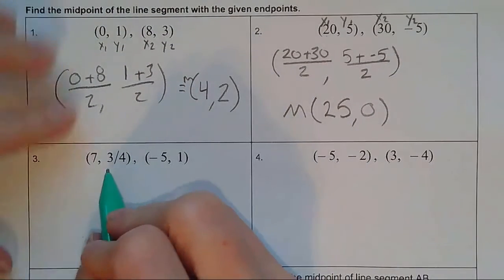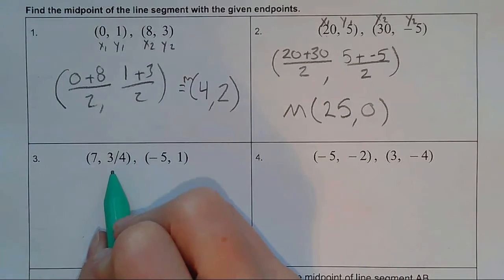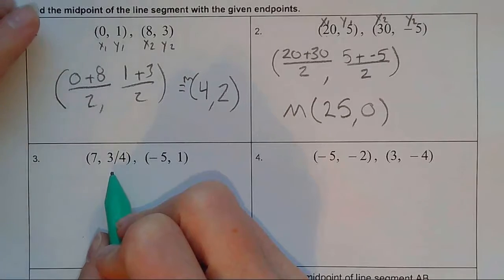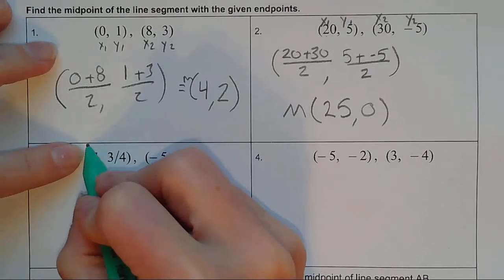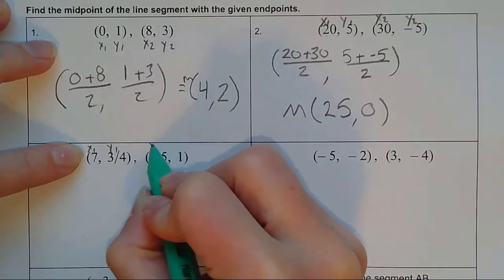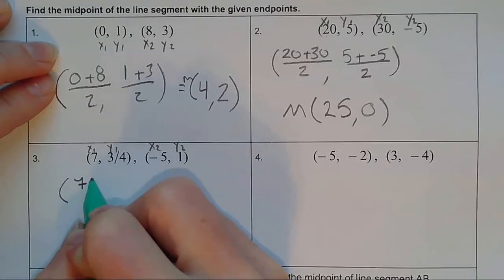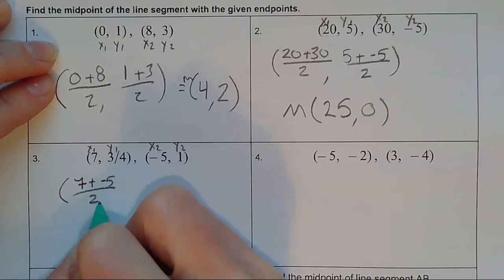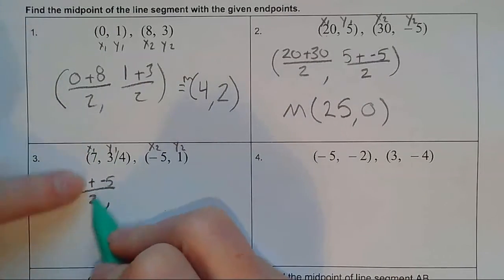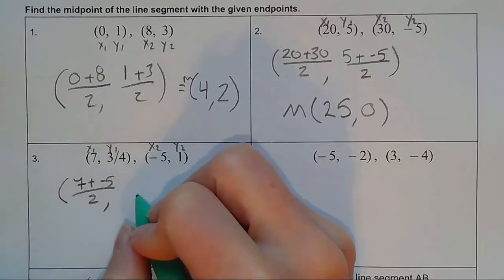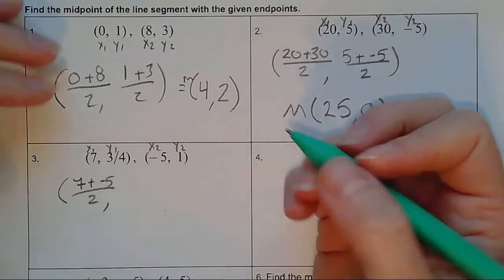Okay, moving over here. It's got a decimal in it, so we might actually need to use a calculator or something. But x1, y1, x2, y2. 7 plus -5 divided by 2: add the x's, divide by 2, and the y's. You can make it a decimal or make it a fraction, it doesn't really matter.